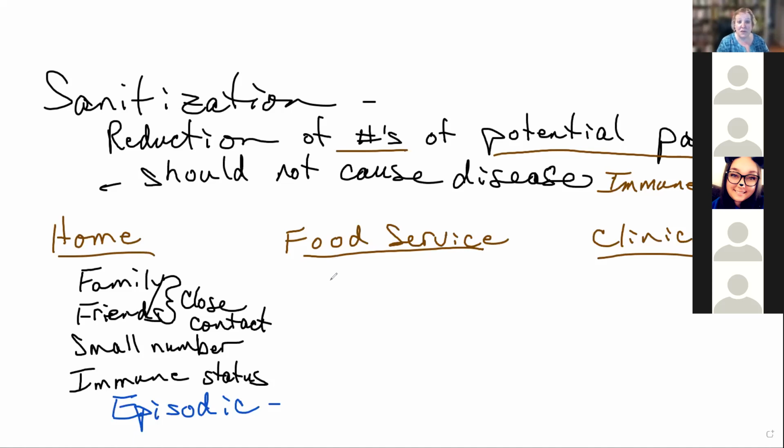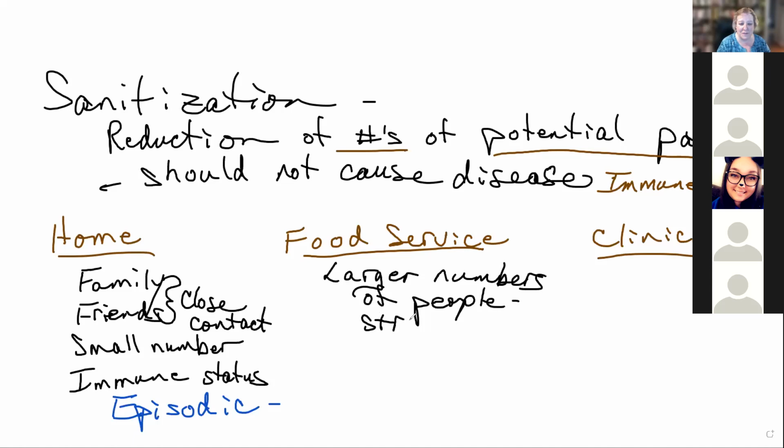Now you get over to food service, and you have larger numbers of people. Except for the staff and regulars who come in on a regular basis, they are all strangers. So you need to up your game a bit.